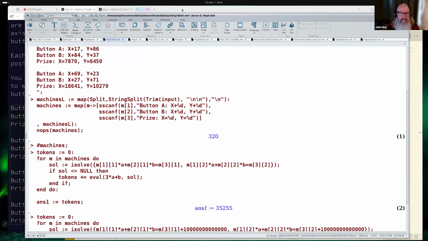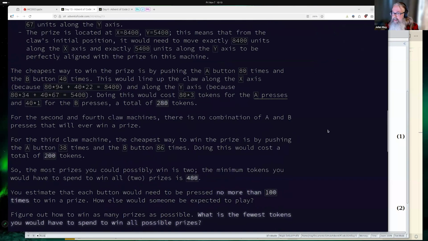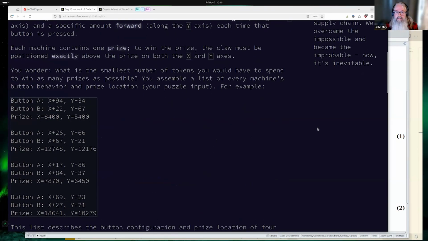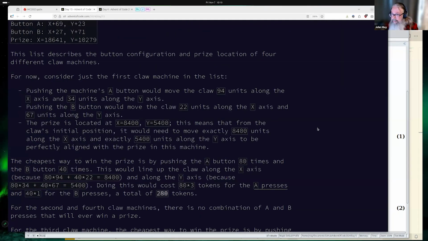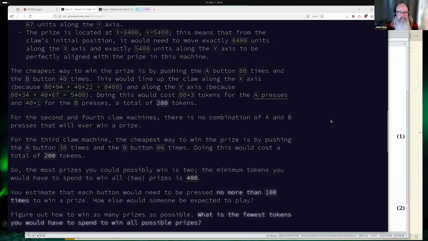So this is one of those cases where I got the answer very quickly, quicker than most people in traditional programming languages, because you can immediately identify the problem as solving an integer linear system, and you can immediately say, my friend Maple has that in isolve. And actually linear algebra could do this for you too. It can solve them as rationals, and then you just need to check to make sure the solutions are integers, which is not hard at all.